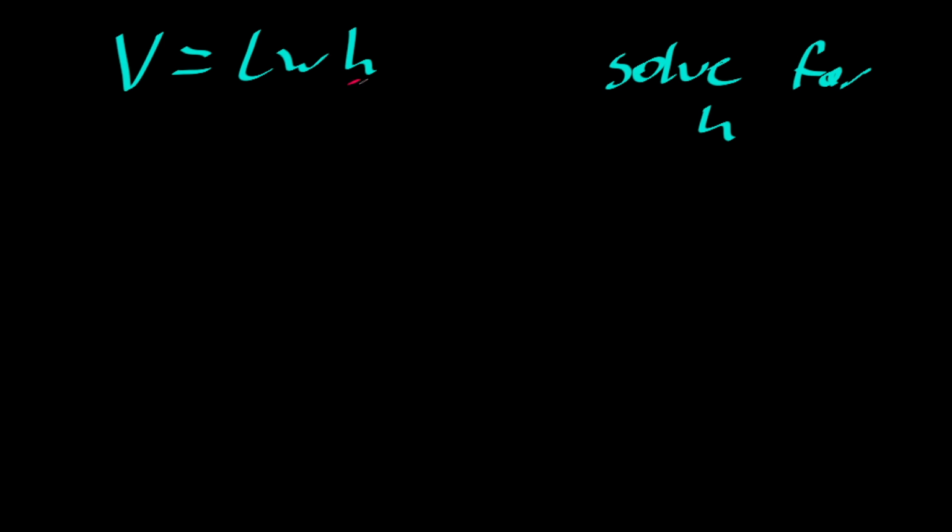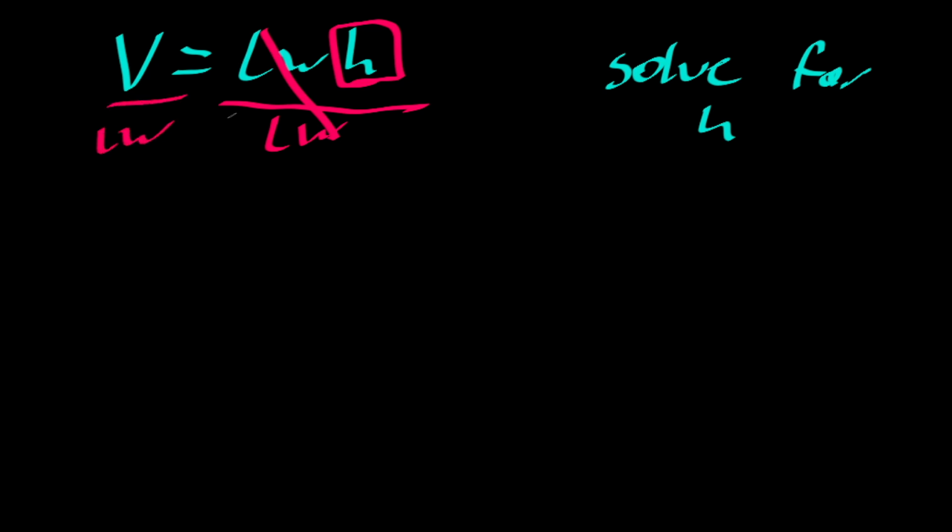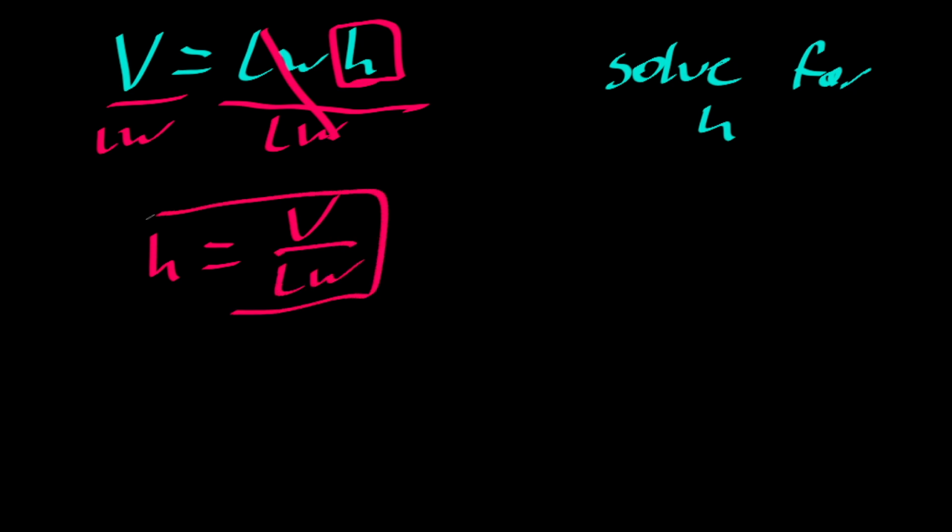Once again, my job is to isolate H, and I want to get H by itself. If all 3 of these variables, L, W, and H, are beside each other, that means they're all being multiplied. So I could divide the L and the W out, and it would solve this problem. We would say H equals V over LW, and we would be finished.